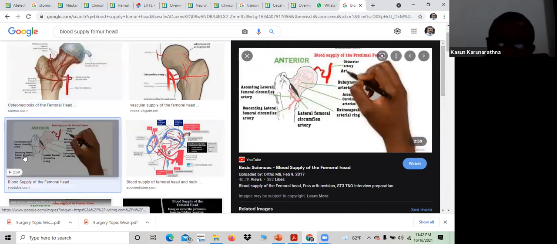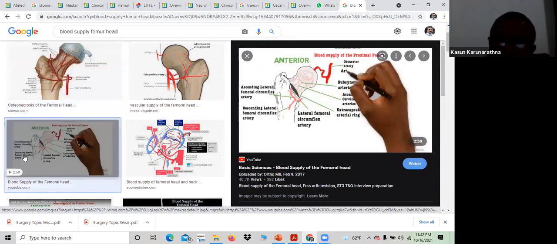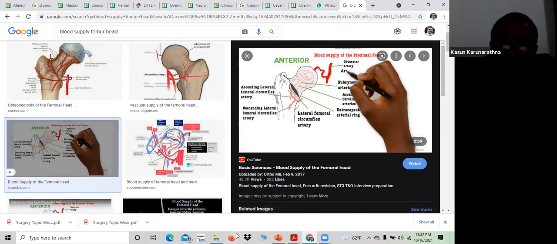And what are the other bones where you get avascular necrosis after fracture? Scaphoid, yes. Scaphoid again: the blood supply comes distal to proximal, so if there's a fracture, the proximal segment will become necrotic.